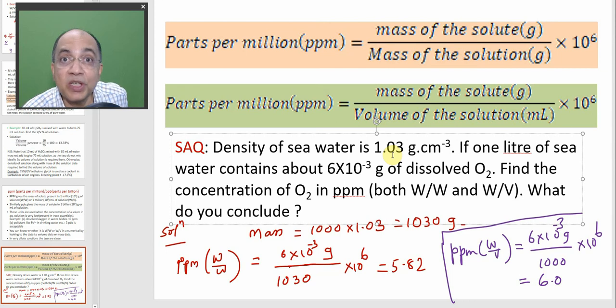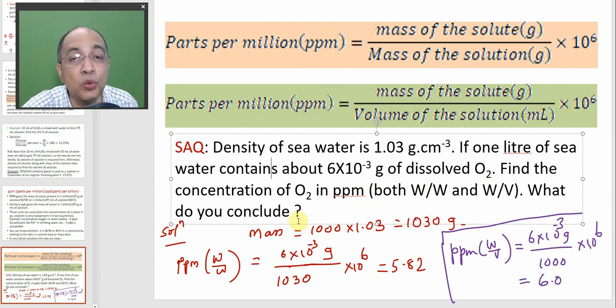So 1.03 is detectably different, not appreciably, from pure water. If 1 liter of seawater contains 6 into 10 to the minus 3 gram of dissolved oxygen, find the concentration of oxygen in ppm, both W by W and W by V.